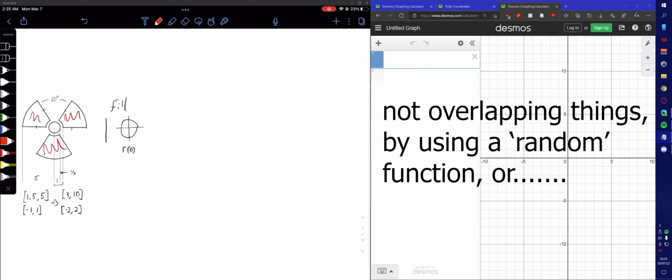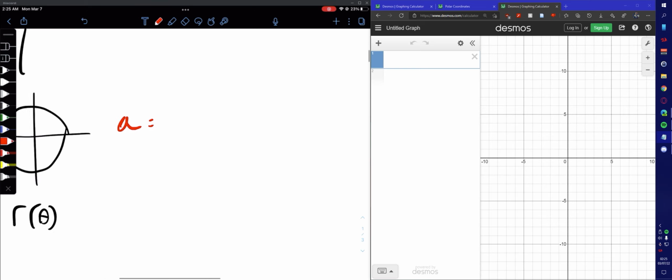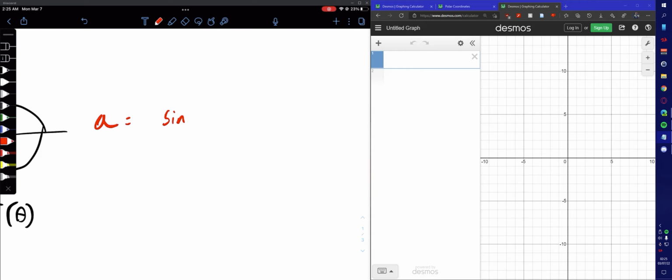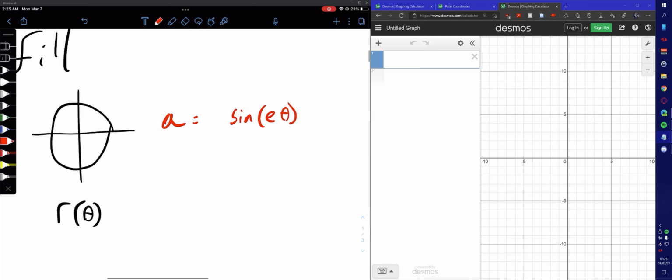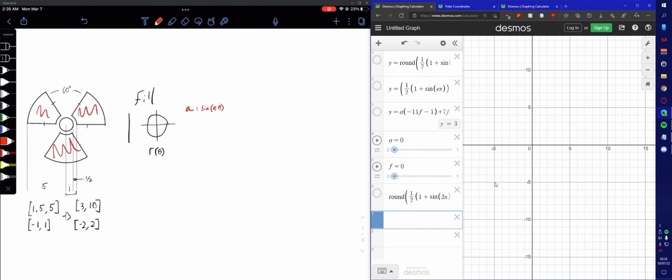We can have the amplitude changing as a sine function. And we can do this as like an irrational multiple of x, or sorry, theta. So that way, it'll go out, and it'll go in, and go out. And the point is, it won't line up, ever, theoretically.